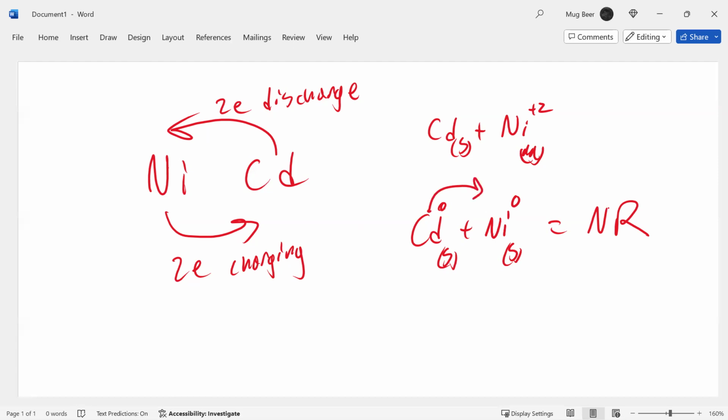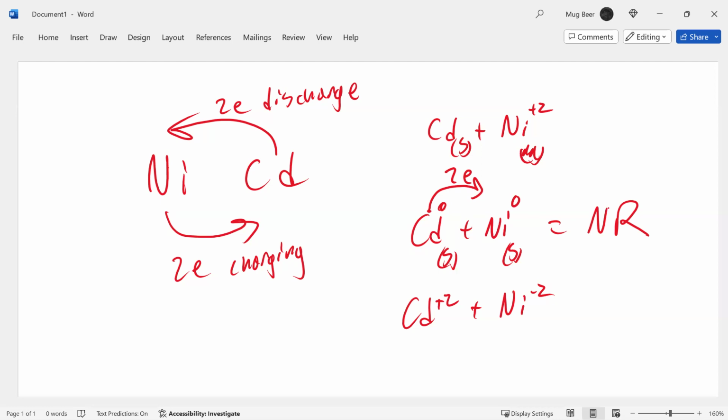If this cadmium gives 2 electrons to the nickel, this one would end up being Cd +2, and this nickel would be Ni -2. Do you remember anything about metal oxidation states? They can't be negative. It's either 0 or it's positive. It's either given electrons away or accepted the maximum it can have.